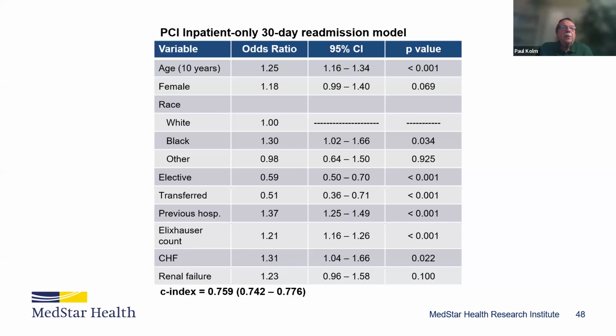So what we want to calculate is how well our model here predicts the outcome, 30-day readmissions. And so we calculate what in logistic regression is usually referred to as a C-index.